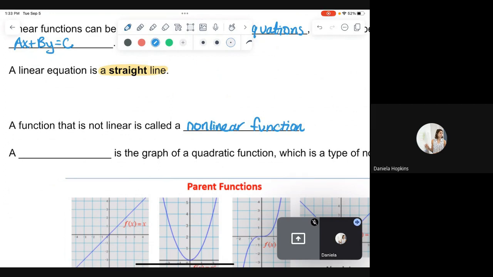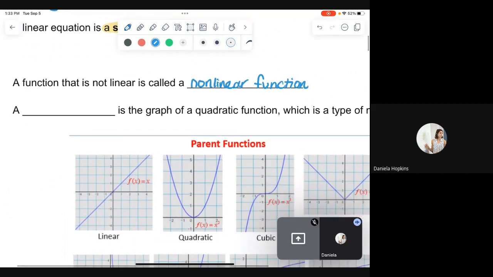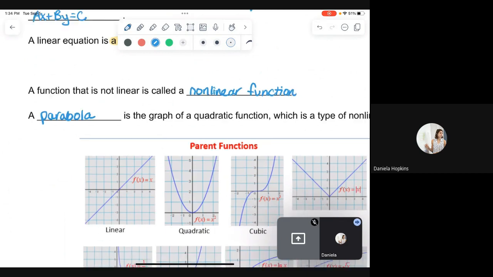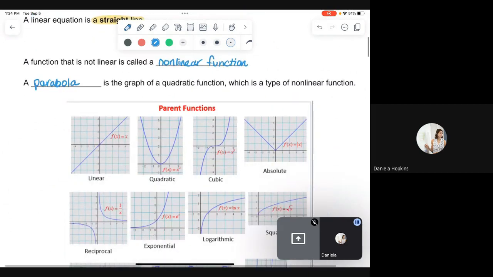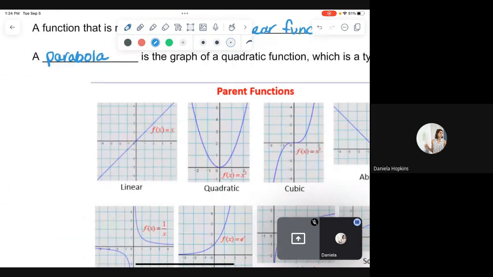Algebra 2 spends a great deal of time talking about the quadratic function. A parabola is the graph of a quadratic function, which is a type of nonlinear function. It's the function we really like. It's this second one here, an x to the second. We'll do a lot of things with that.